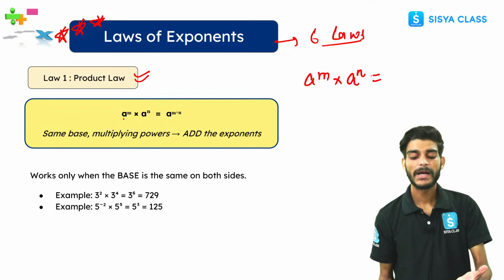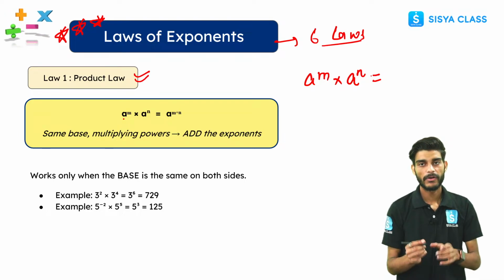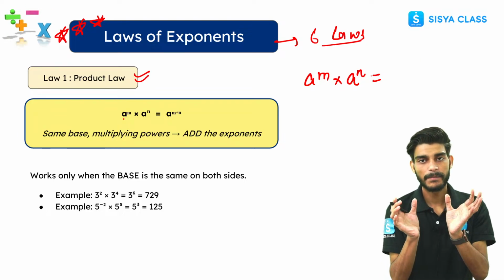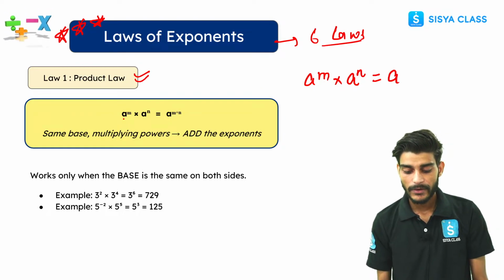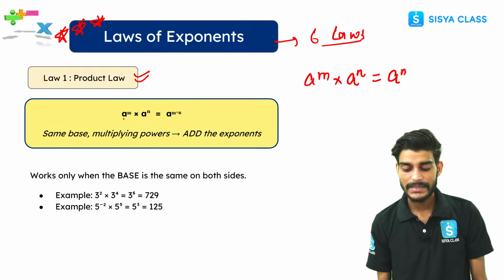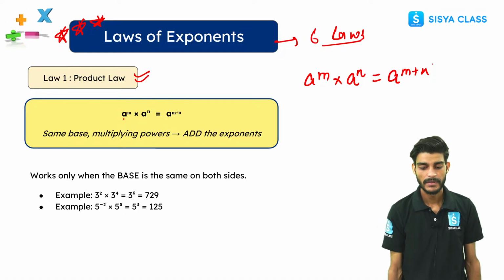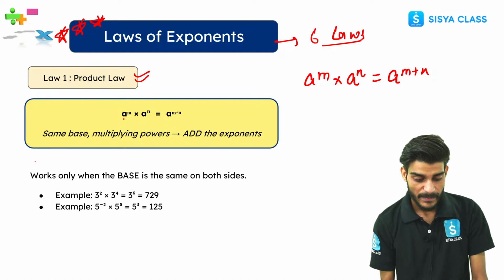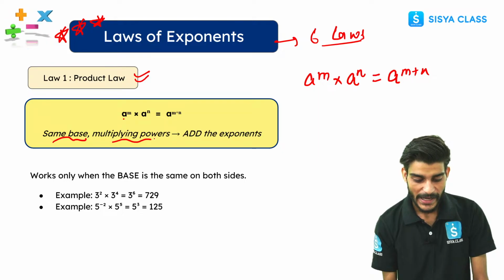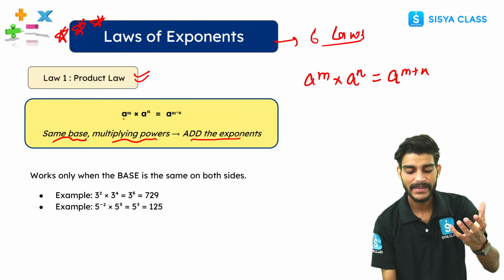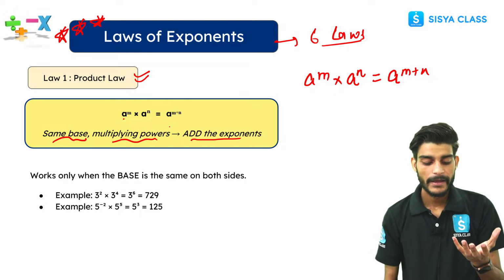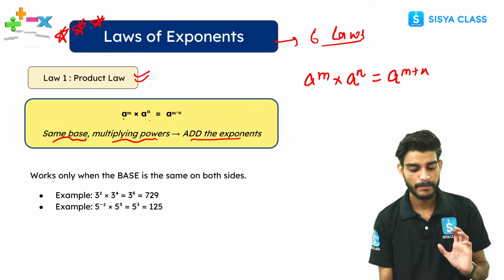So a raised to the power m into a raised to the power n means if I want to take the product of these two numbers with common base, just add the powers, m plus n. Simple. Same base, multiplying powers means if you want to multiply these two numbers, just add the exponents. Exponents means powers. You can add the exponents simply.